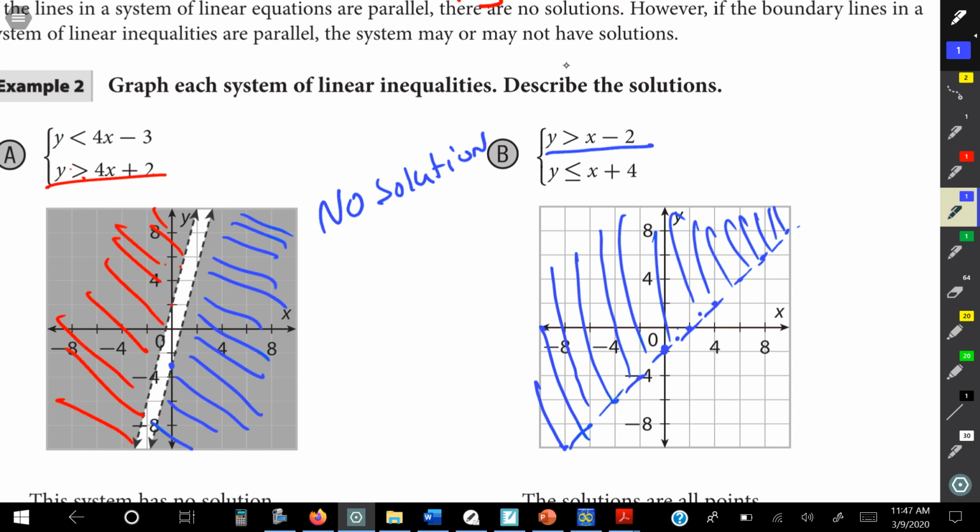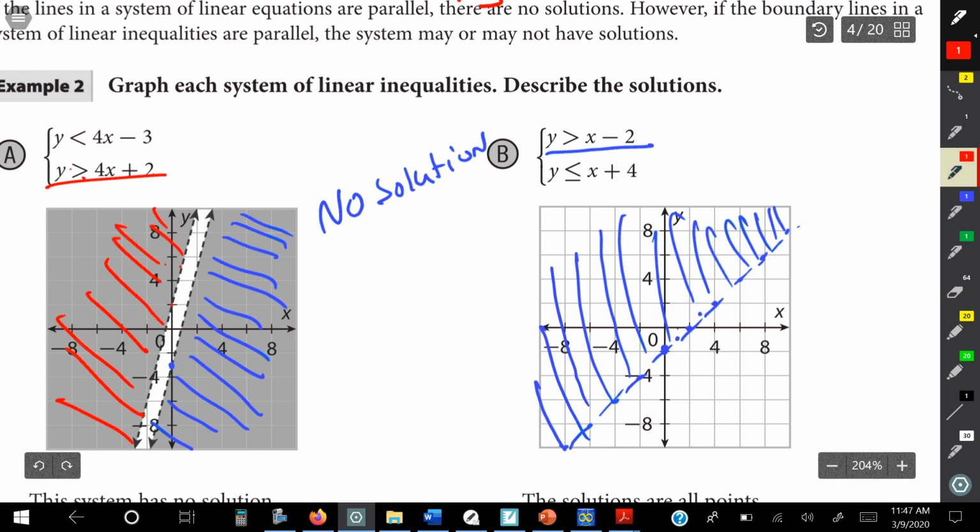Now on this next one here, we're going to go to +4, which is right here. It also has a slope of up 1 over 1. And it is equal to, so let's make that one solid.